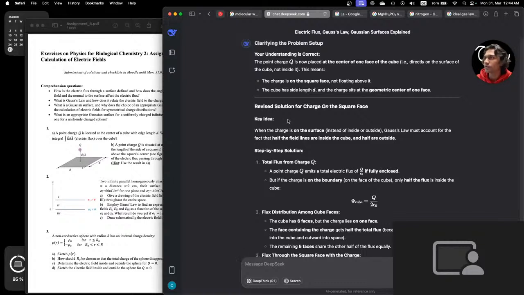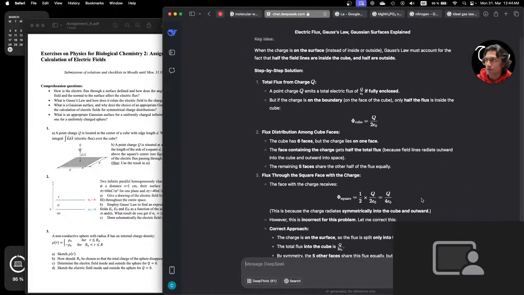Revised solution for charge on square face. Only half of the flux is inside the cube. Okay, that makes sense. Flux distribution among cube faces. The cube has six faces, but the charge lies on one face. The face containing the charge gets half of the total flux.